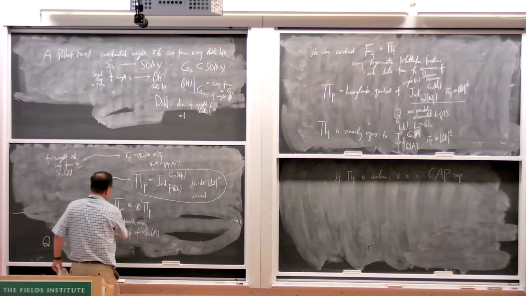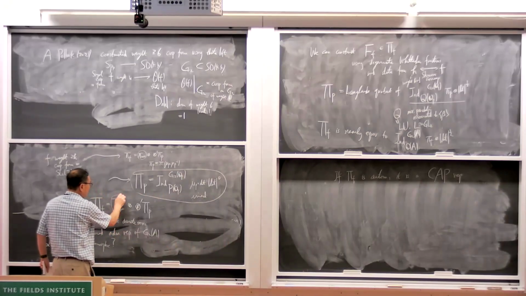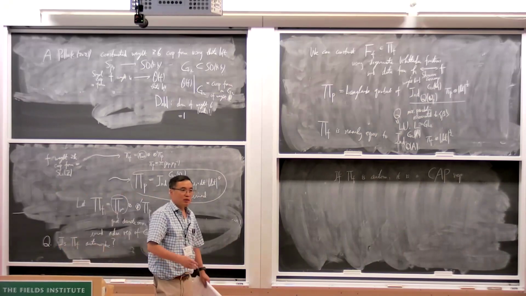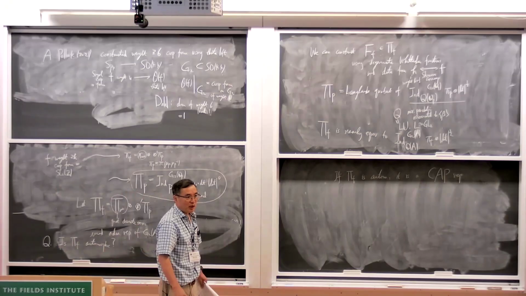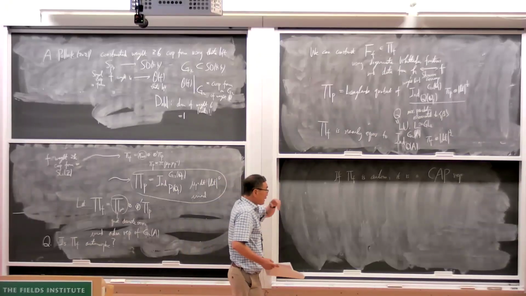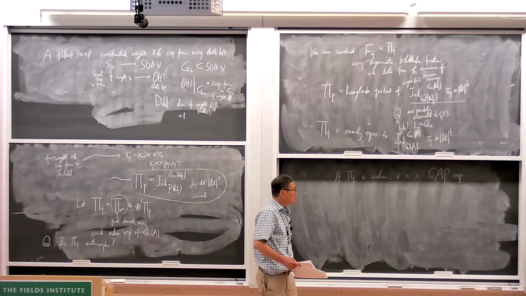I think the fact that we put the quaternionic discrete series will imply that it's cuspidal. Okay, so this is a CAP representation.